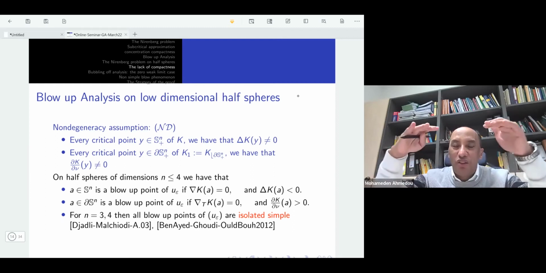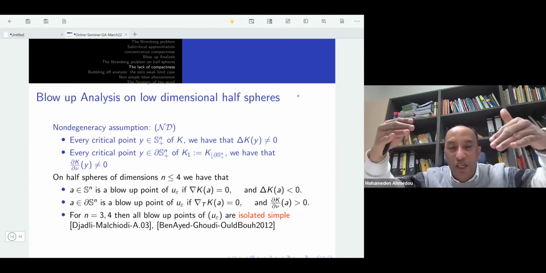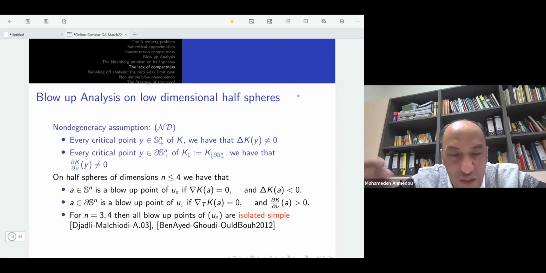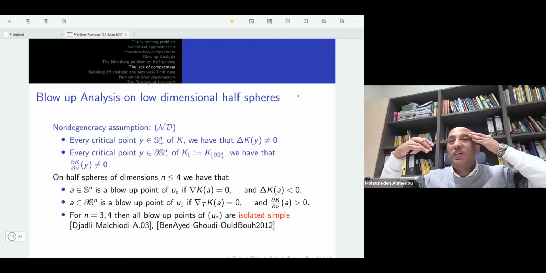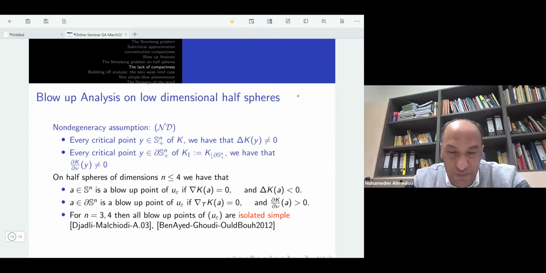But then you have the boundary, and on the boundary, you first have to consider the restriction of K to the boundary, and then you assume that at every critical point of this restriction the normal derivative does not vanish. Okay, so exactly like in the closed case, this is the most difficult situation. If you assume that it is not satisfied, then it is easier.